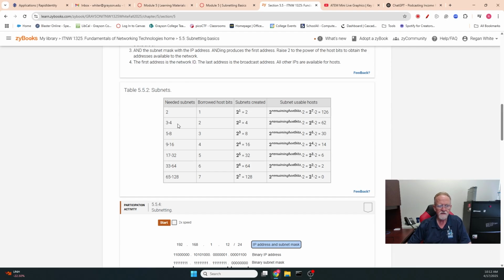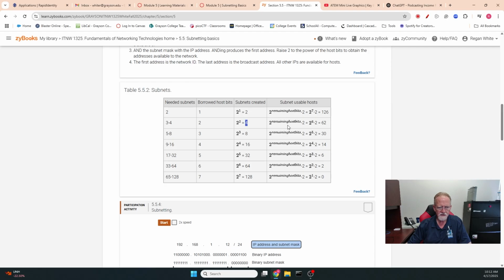If you want 3 subnets, let's say you want to divide your network up into 3 sections, you're going to have to create 4, because odd numbers don't work. You're going to borrow 2 host bits. 2 squared is 4. That means that's how many subnets you're going to create.